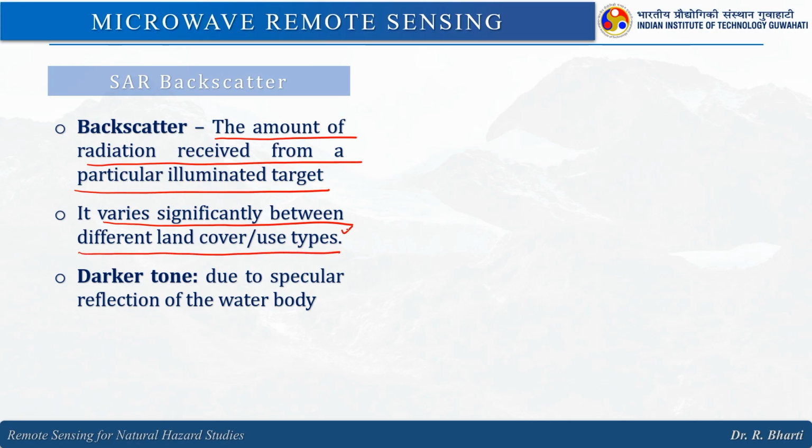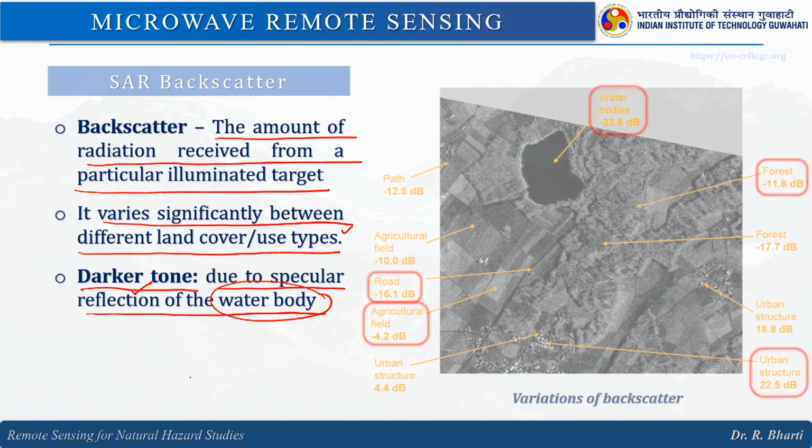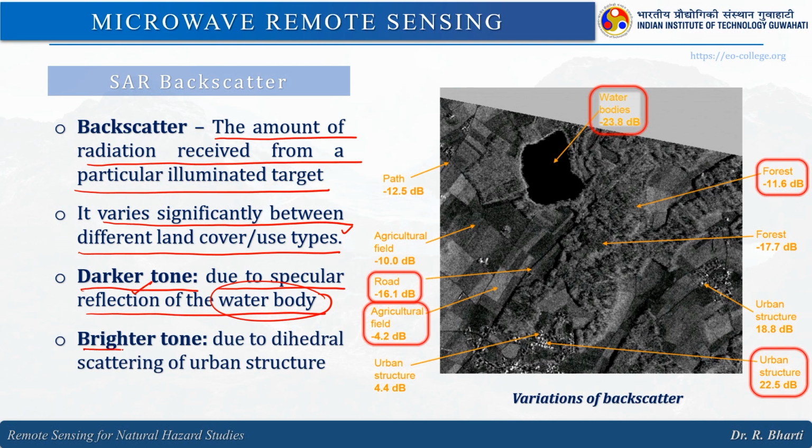We have learned that different scattering mechanisms will have different values, right. The darker tone appears due to specular reflection of the water body. Now, it is only related to flood studies, right. So, this darker tone will be related to water bodies and the brighter tone will be due to dihedral scattering of urban structures.